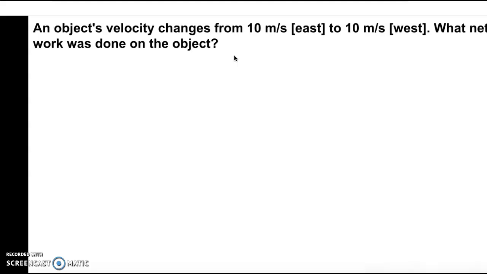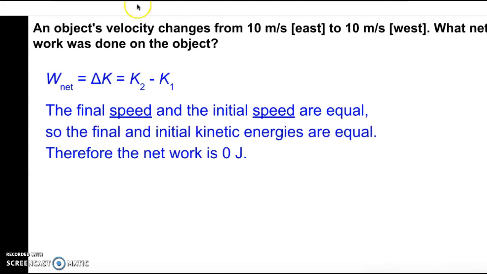So I can apply my new concept, the work energy principle. The net work is equal to the change of kinetic energy, and I'll replace delta K with K2 minus K1. Here's the important thing to note: the final speed is 10 meters per second, and the initial speed is also 10 meters per second. So they're equal.